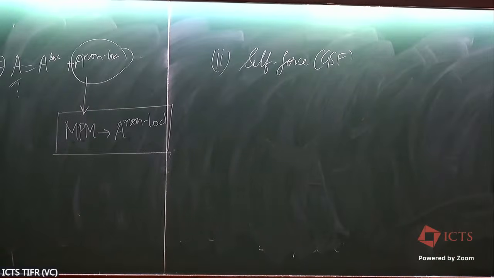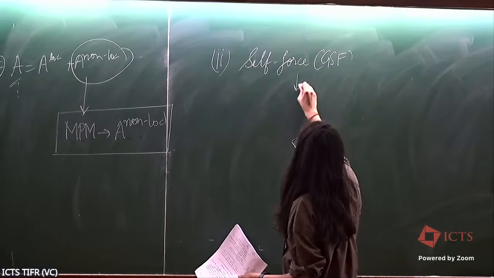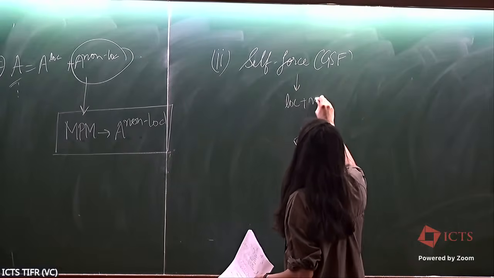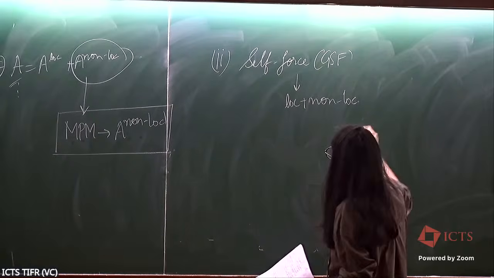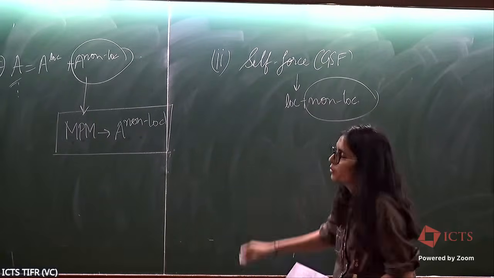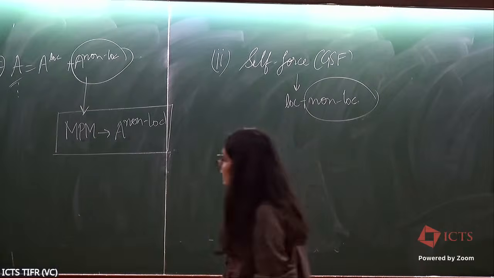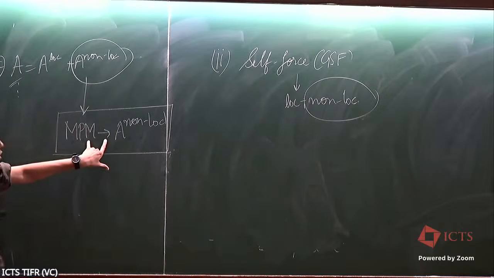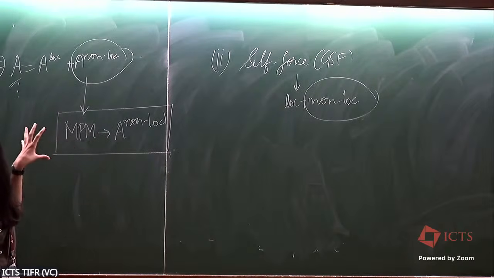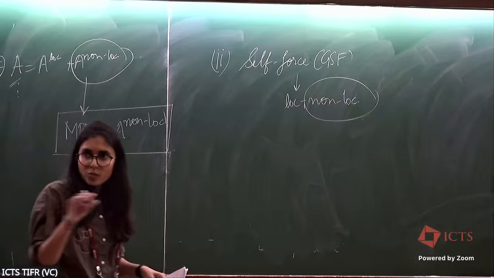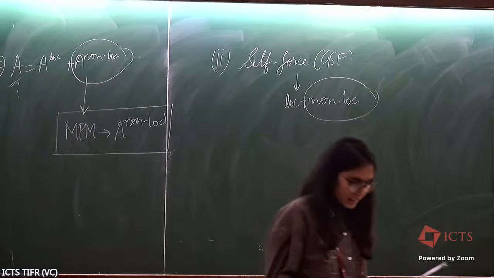The self force computation in itself is a combination of a local piece and a non-local piece. So if there is some non-local piece coming from the self force computation, it should match whatever results we are obtaining from the MPM formalism. It gives us a check of whatever we're doing from MPM, and a check of the various perturbative techniques that we have had.